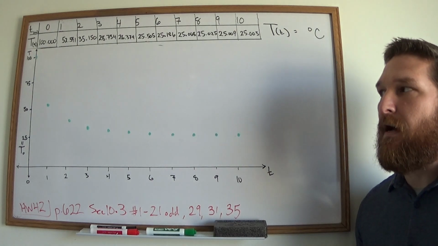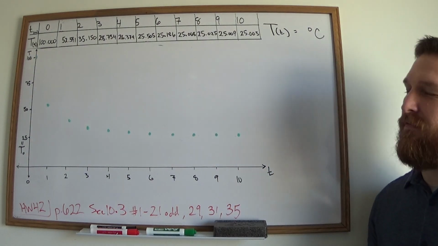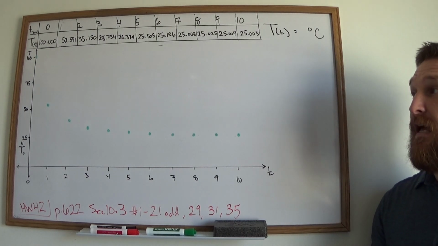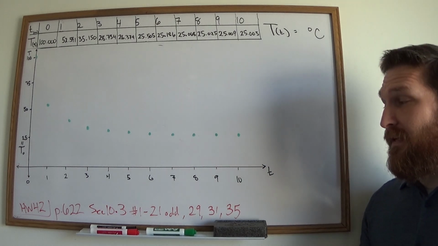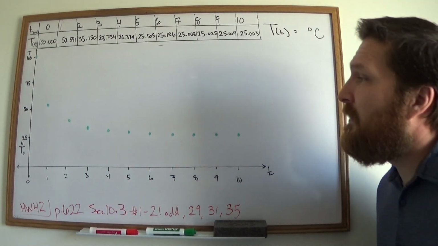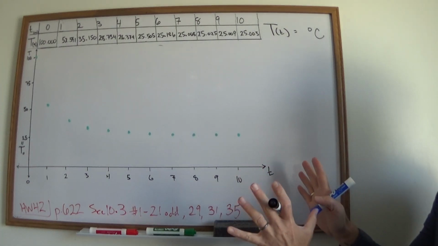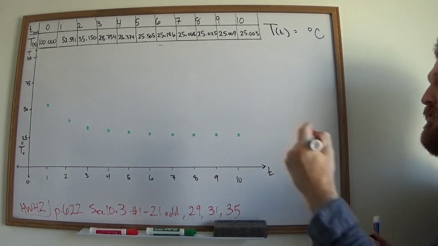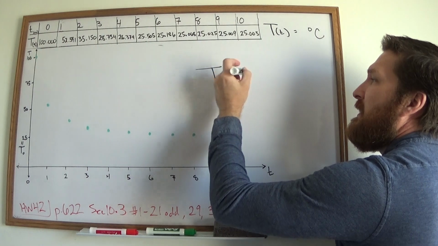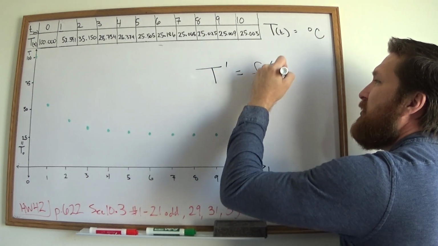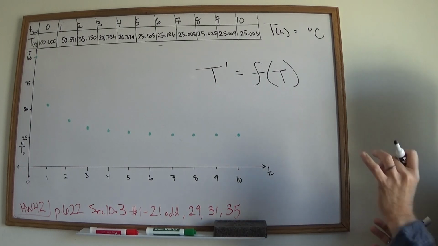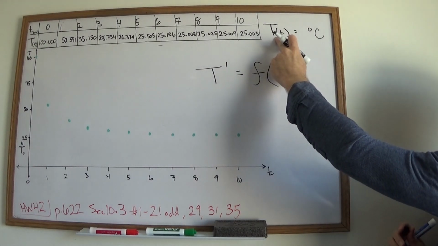But one way that we could try to get a hang of what's going on here, and this may well be the first thing you try with some kind of data set like this, is to say, well, one thing that would be nice is if I could somehow turn this data into a differential equation, something like T prime equals some function involving T. Then I could solve and get an actual function T, the thing that I'm looking for.